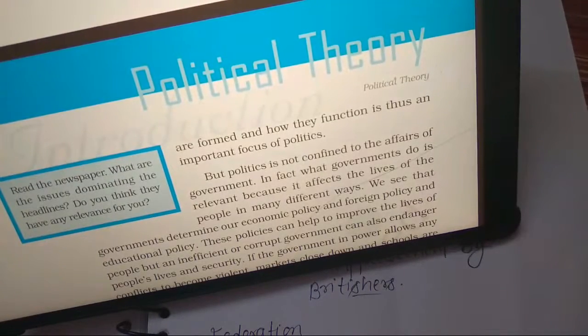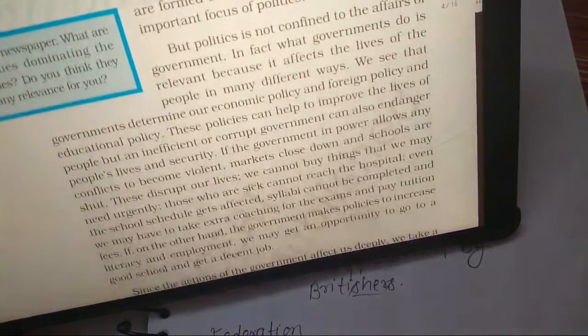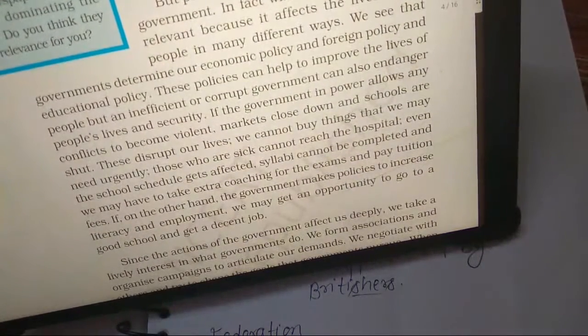These policies can help to improve the lives of people, but an inefficient or corrupt government can also endanger people's lives and security.